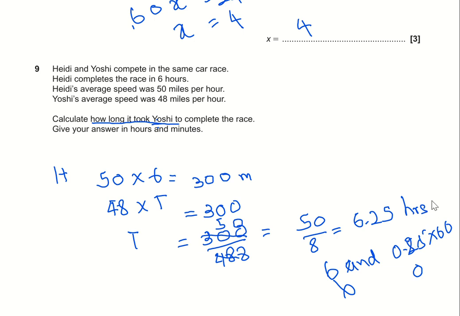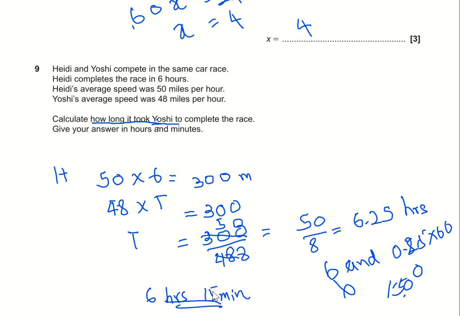So then I'm going to write 150. Then I know two decimals are there, so 15 minutes. The answer is 6 hours and 15 minutes.